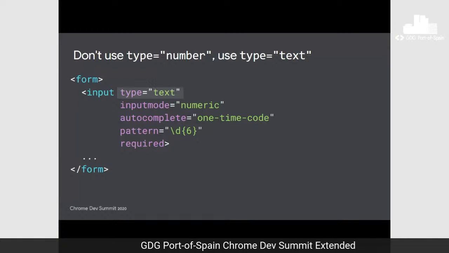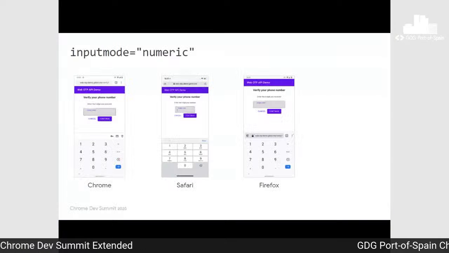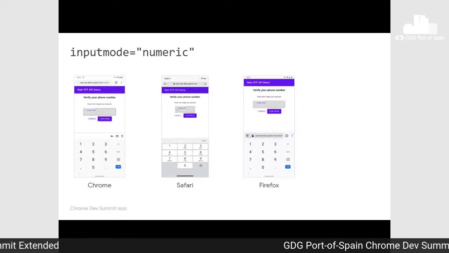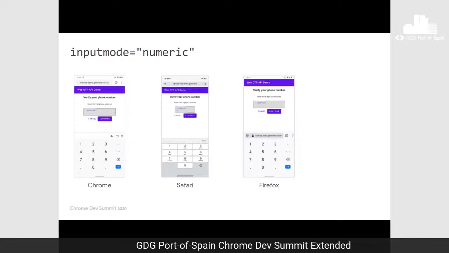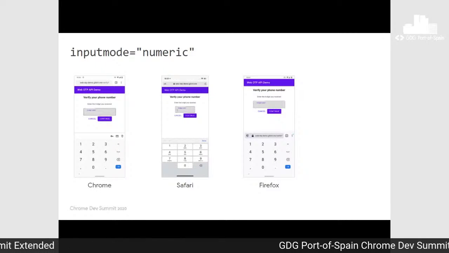So instead of using type number, I recommend using type text with inputmode numeric. And when you do that, devices will actually open up a keypad, which is just a little bit better experience for phones. And Firefox just recently started supporting it, so it works across browsers, as you can see here, including Safari.